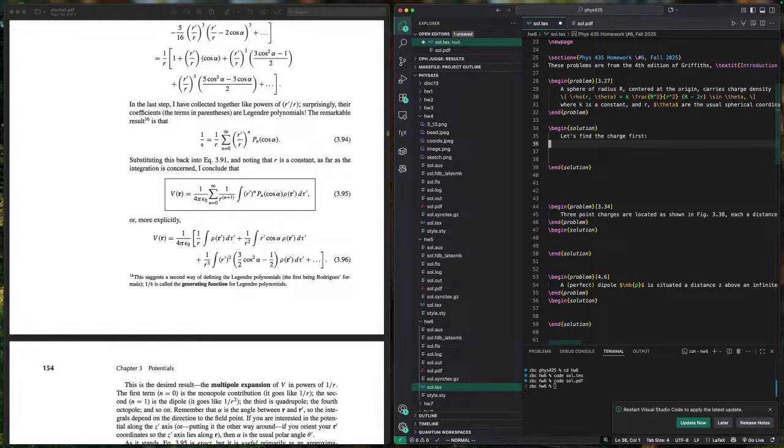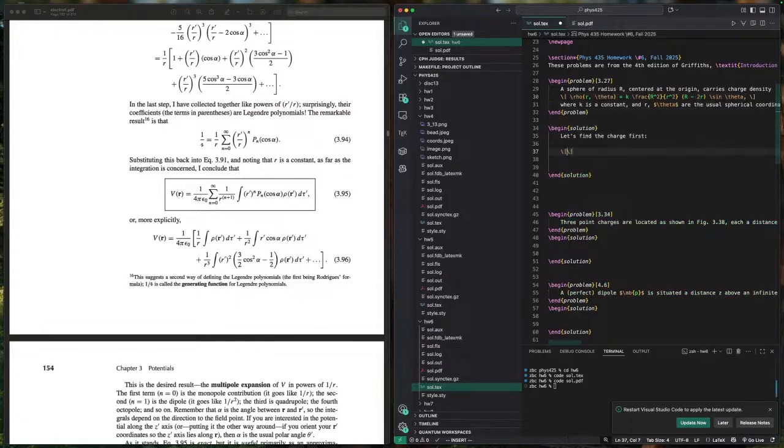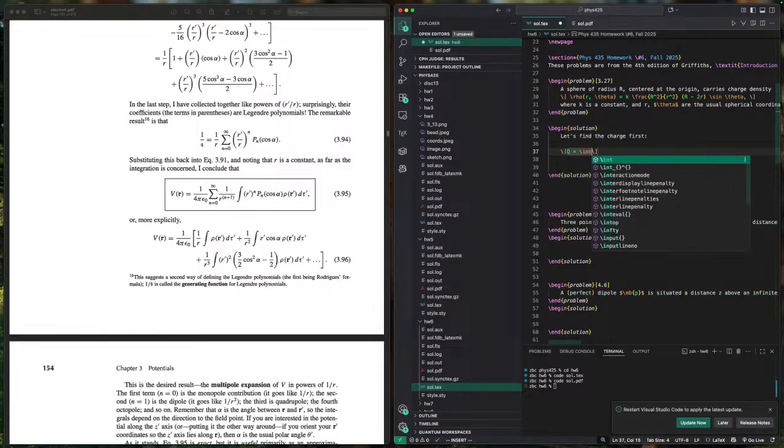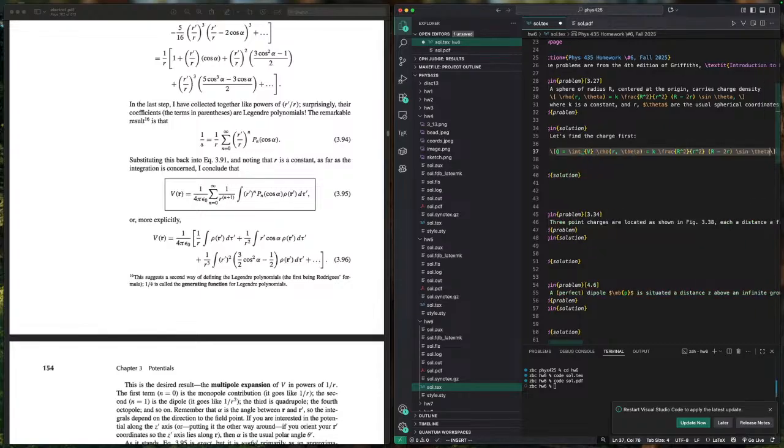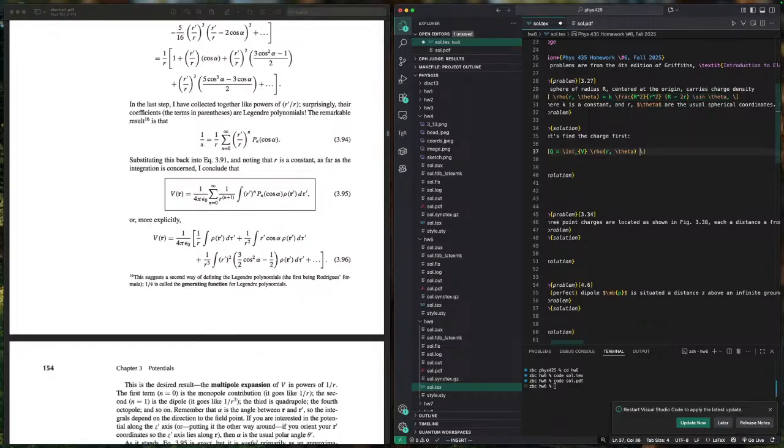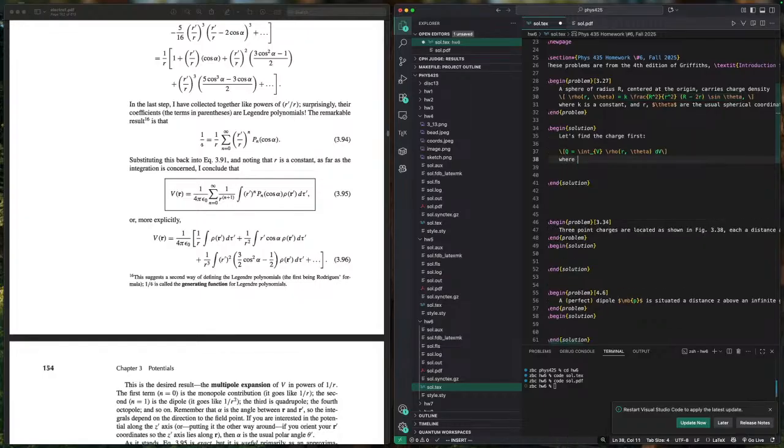And so we just take the density given by this, and then we rotate that. So Q is equal to the integral over V of, let's just keep it like that, and then dV, where dV is the volume.